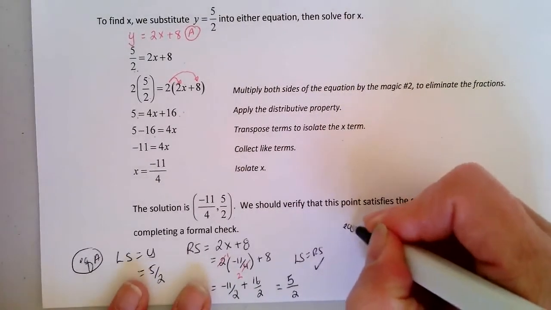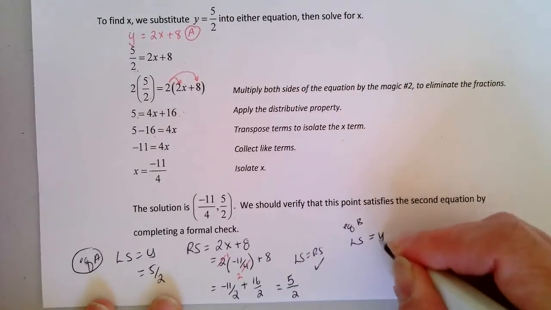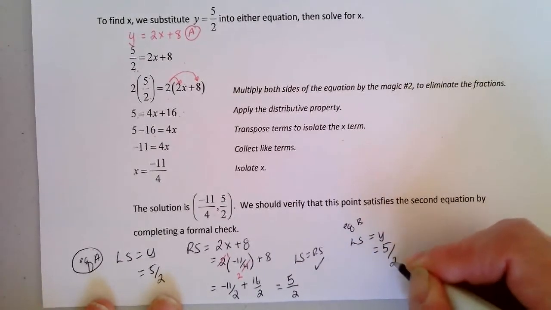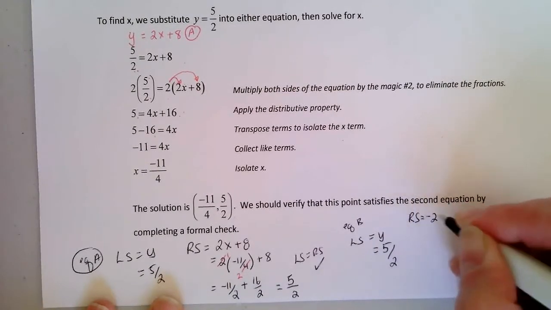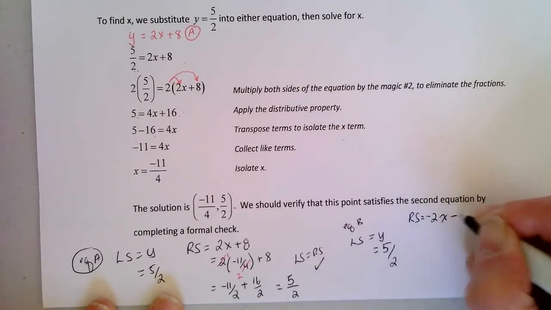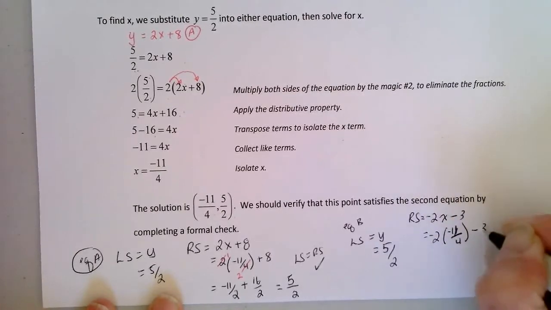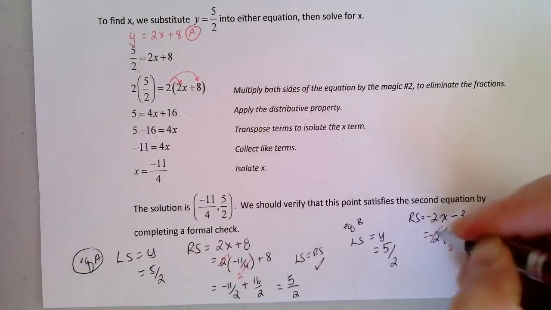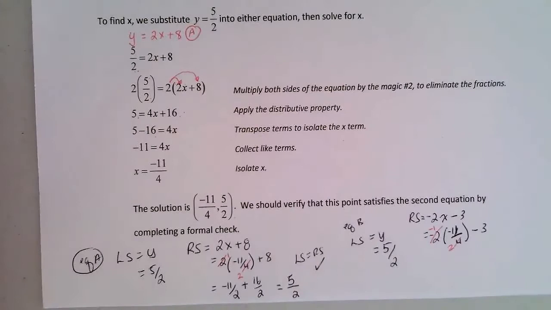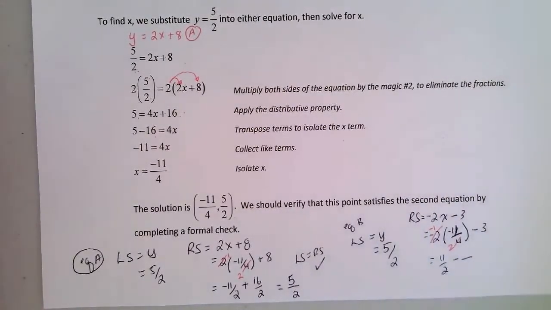And then we'll try the same thing in equation B. The left side is equal to y, which is 5 over 2. And the right side will equal negative 2x minus 3. We replace the x with negative 11 over 4. And again, the negative 2 and the 4 will give us negative 1 times negative 11, which gives us positive 11 over 2 minus 3.